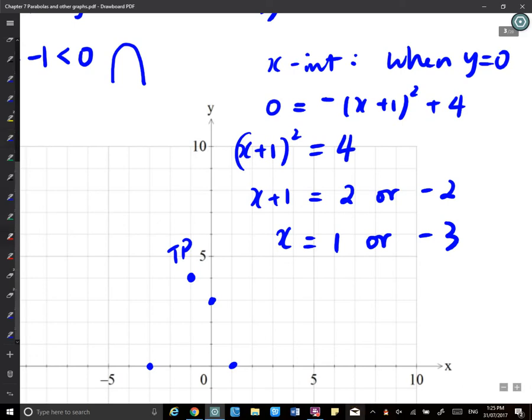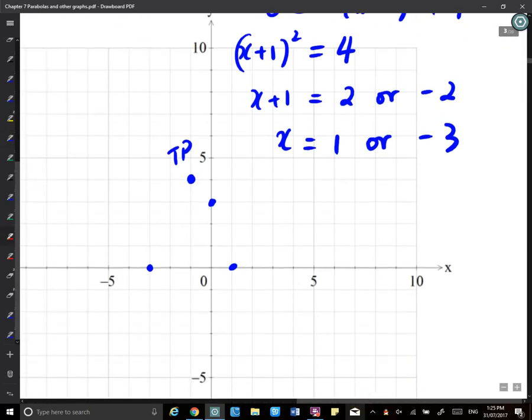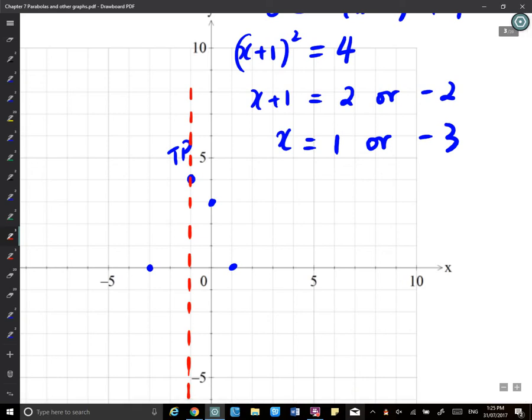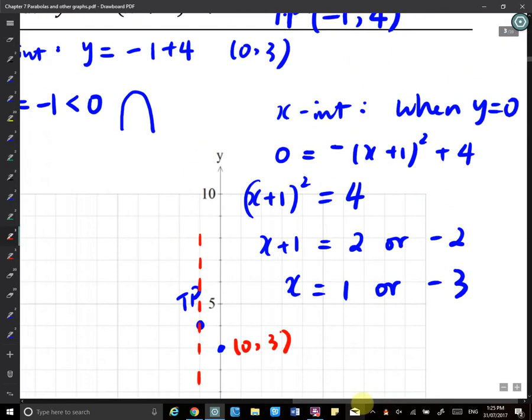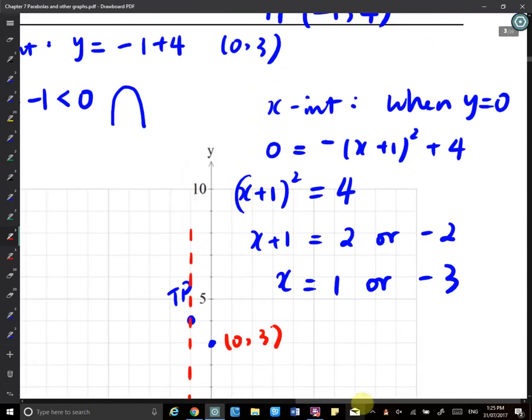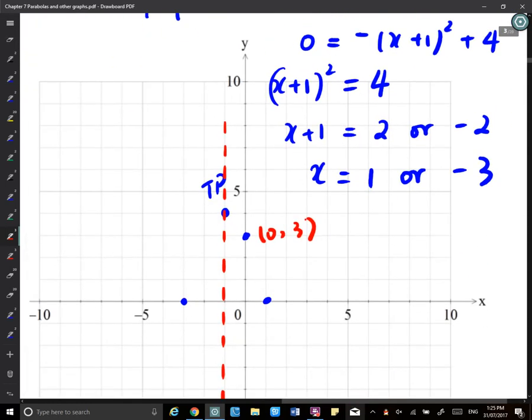And the line of symmetry will be this vertical line here. It's the vertical line that goes through the turning point. Can you see I have a 0, 3 here, so I will have a point here as well.